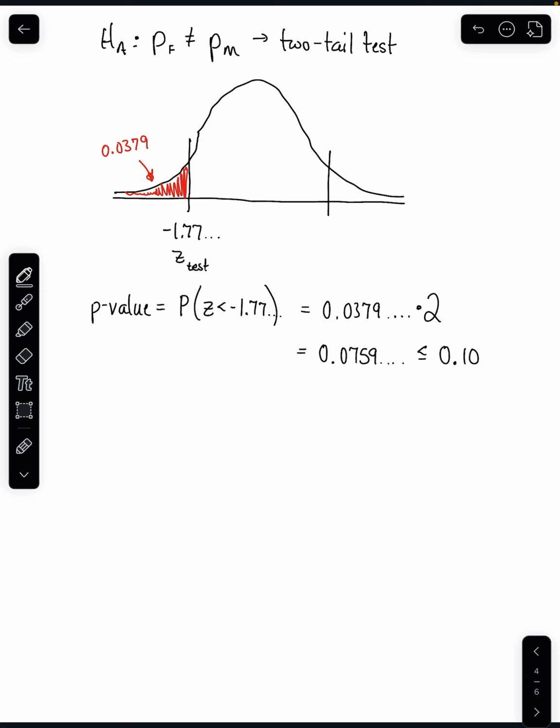This tells us that we should be rejecting, since our p-value, or in this case, 2 times the p-value there, is less than or equal to alpha, we will reject H sub O. Remember that H sub O was the statement that they are equal to each other.